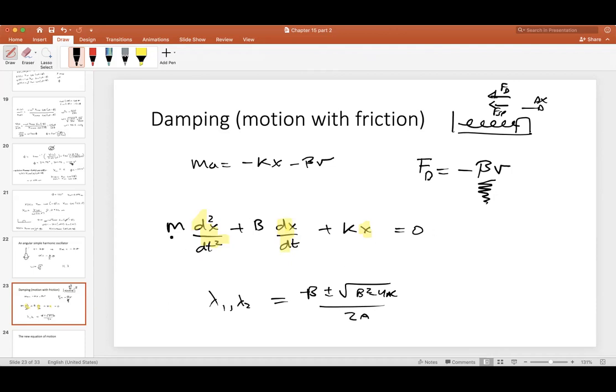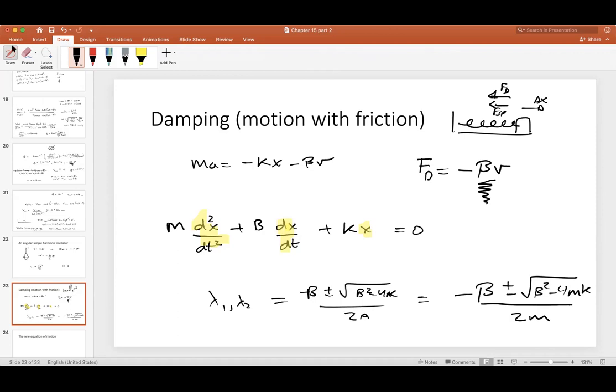Now our a is m, our b is beta, and our c is k. And what I get here is minus beta plus or minus the square root of beta squared minus 4m times k, divided by 2m.